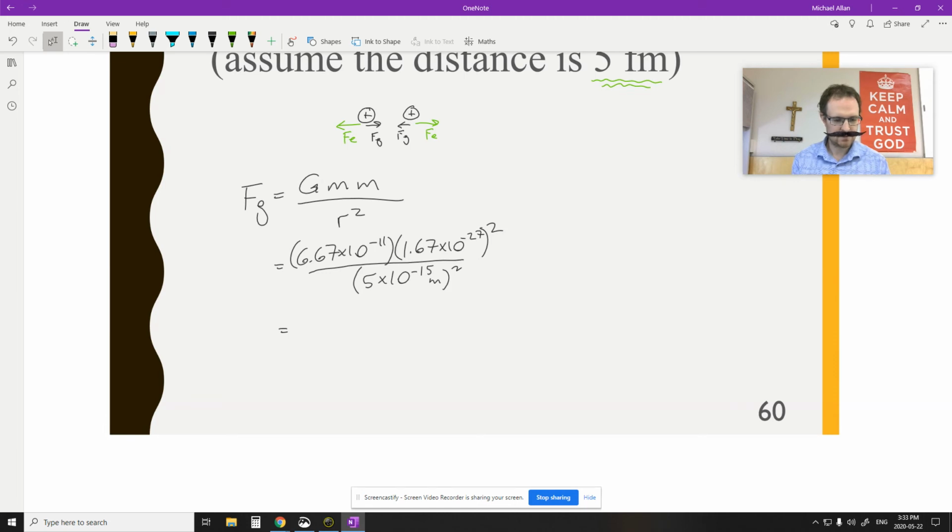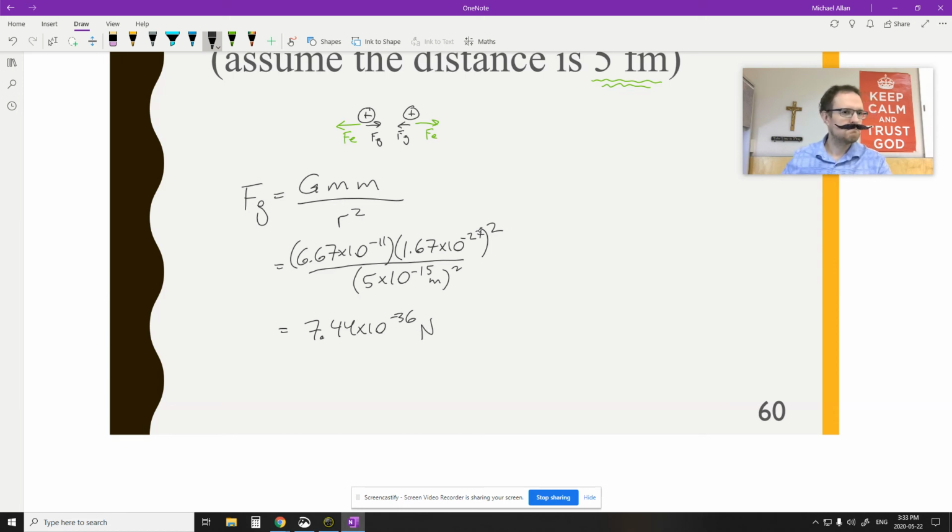Square that. And I'm going to divide by the femtometer number squared as well. So we get a force of gravity of 7.44 times 10 to the negative 36 newtons.